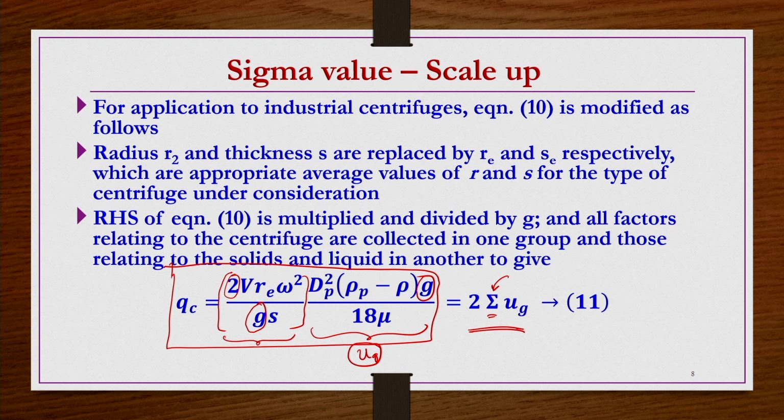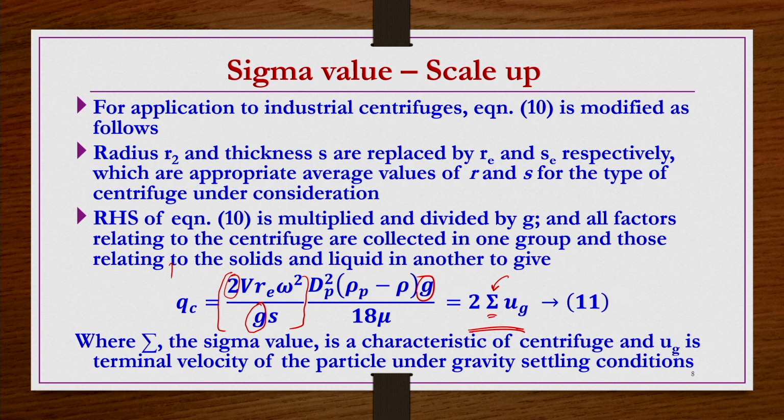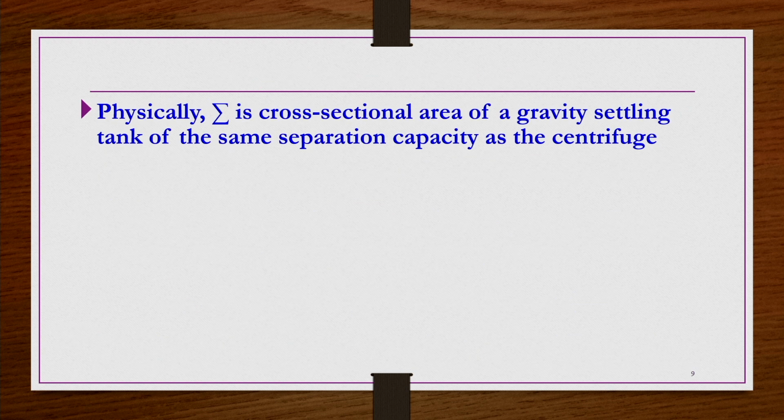So, Q_C is equal to 2 sigma u_g, where the sigma value is a characteristic of the centrifuge and u_g is the terminal velocity of the particle under gravity settling conditions. As I mentioned, physically sigma is the cross sectional area of a gravity settling tank of the same separation capacity as the centrifuge.